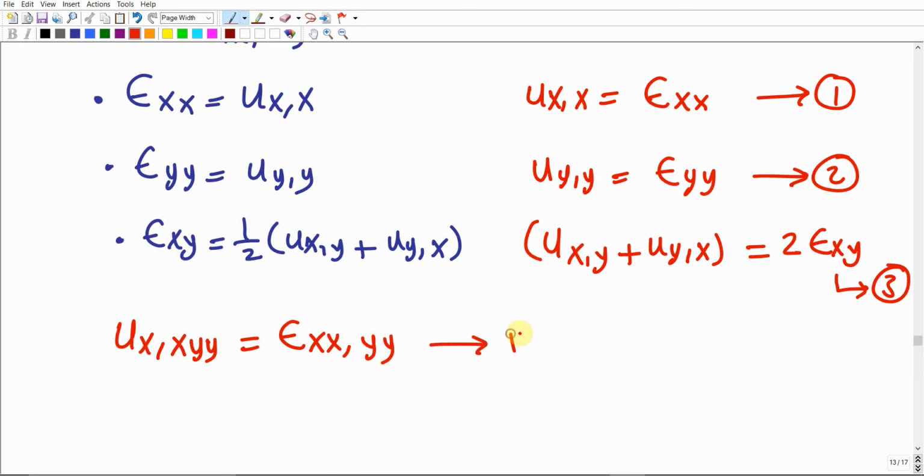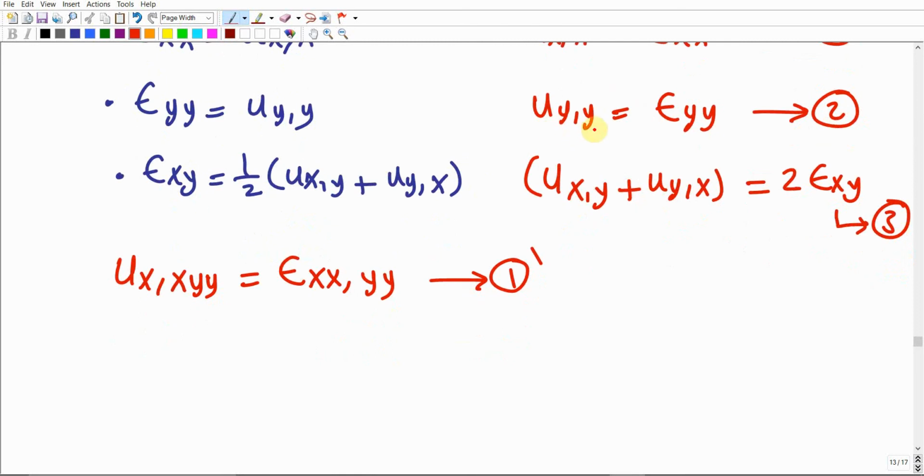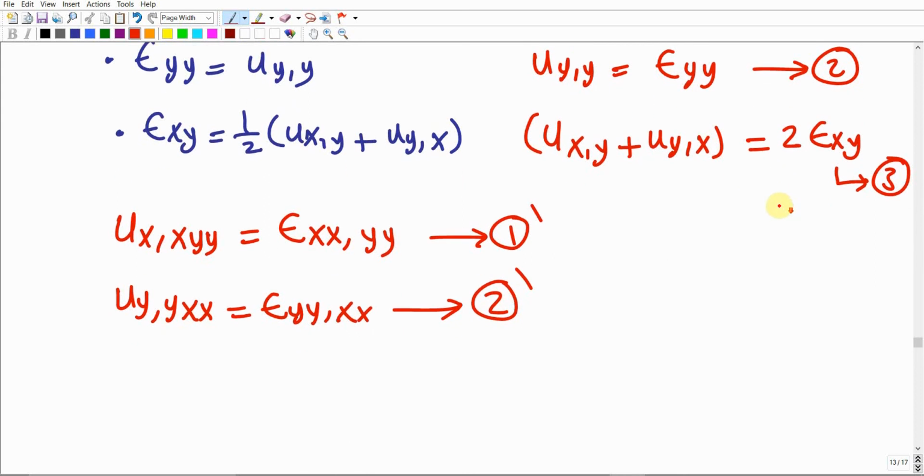The second equation, we're going to differentiate twice, but with respect to x. So this gives us uy comma yxx equals epsilon yy comma xx. A double derivative with respect to x, and this gives us the second equation dash. For the third equation, we're going to differentiate once with respect to x and once with respect to y.